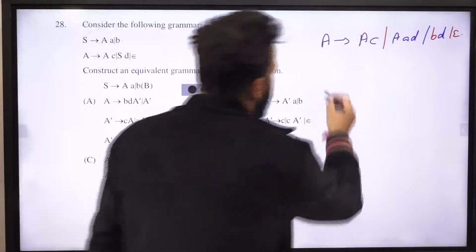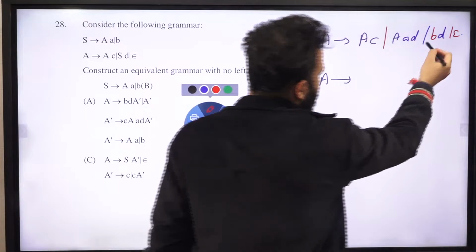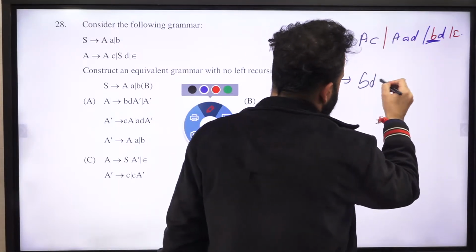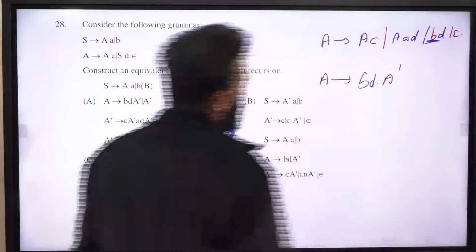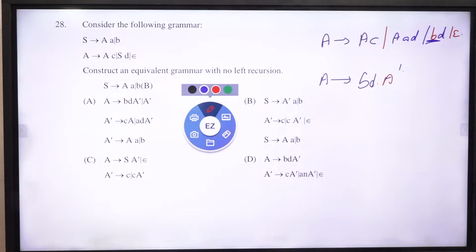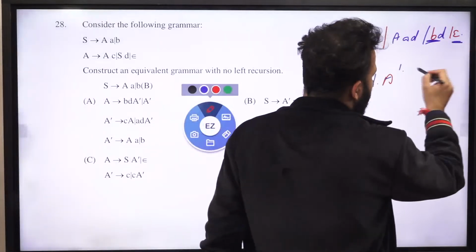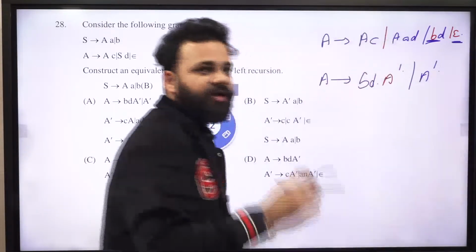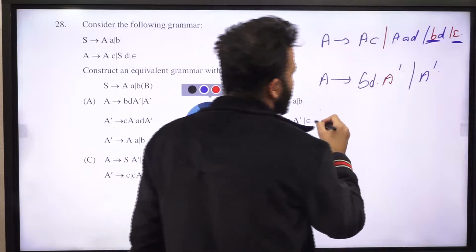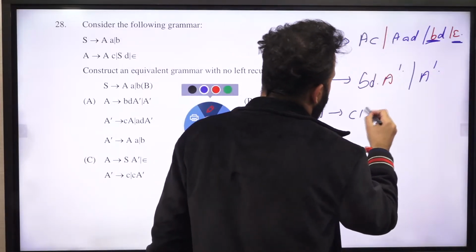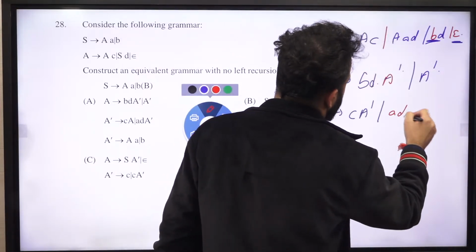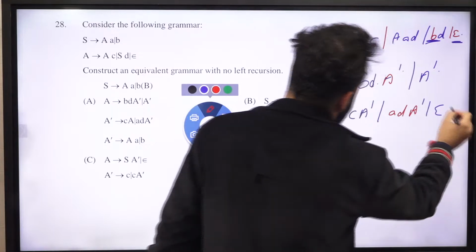So A will go to BD A dash, and because of this epsilon, again A dash, the formula that we have seen in our class also. After that, A dash will simply go to CA dash and AD A dash and epsilon.